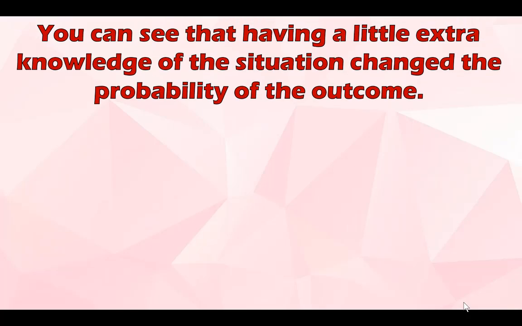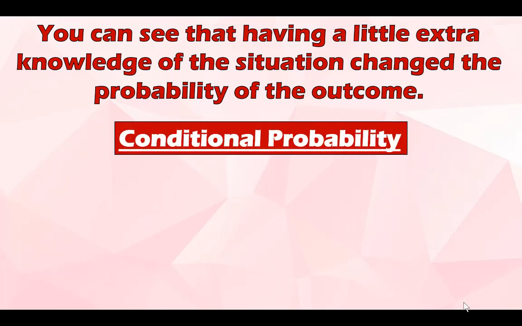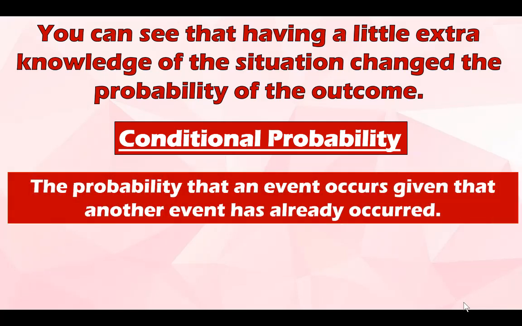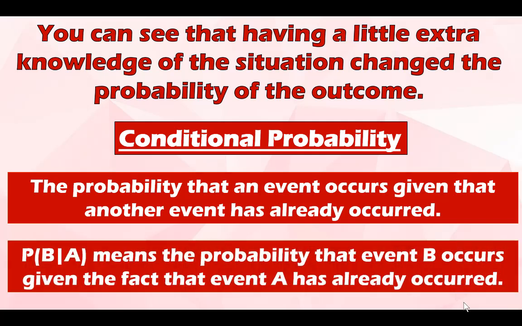So that shows us that knowing a little bit of information can change the probability of an outcome. And this brings us to the concept of conditional probability. Conditional probability is the probability that an event occurs given that another event has already occurred. And the way we write it is P parentheses B with a vertical line, A, and then a parentheses.